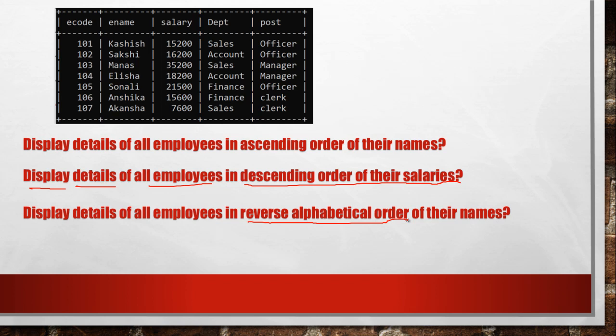So for A to Z you have to go for ascending order, and reverse alphabetical order means Z to A, and for moving from Z to A you have to use the descending order. So alphabetical order means ascending order and reverse alphabetical order means descending order, right? So over here it is written that display details of all employees in reverse alphabetical order of their names.